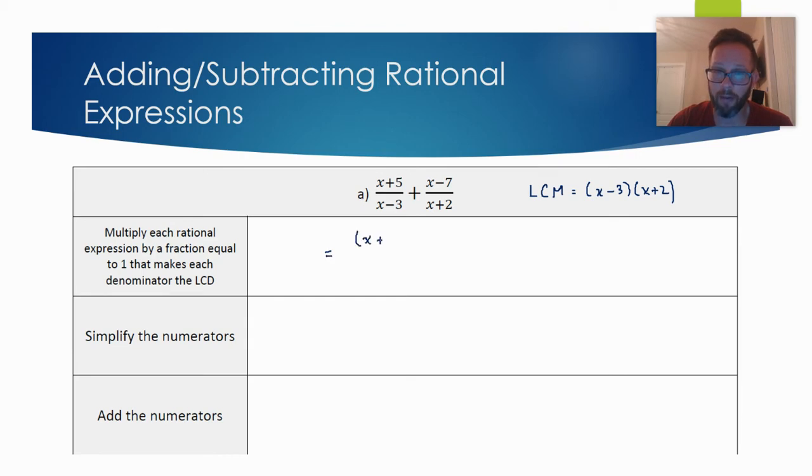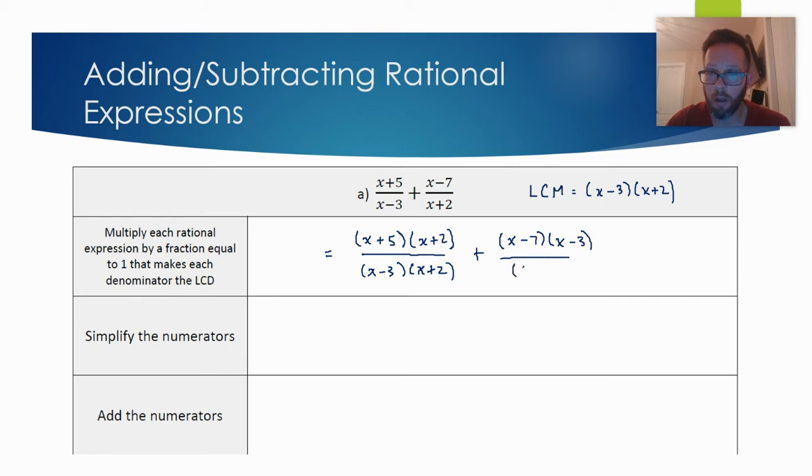So what do we have to give the first term? We got to give it the x plus 2. Multiply top and bottom by x plus 2. What do we have to give the second expression? Well, we got to give that one the x minus 3 to have a common denominator.